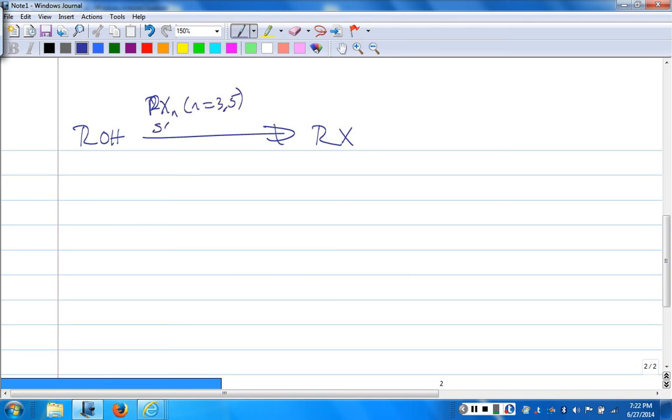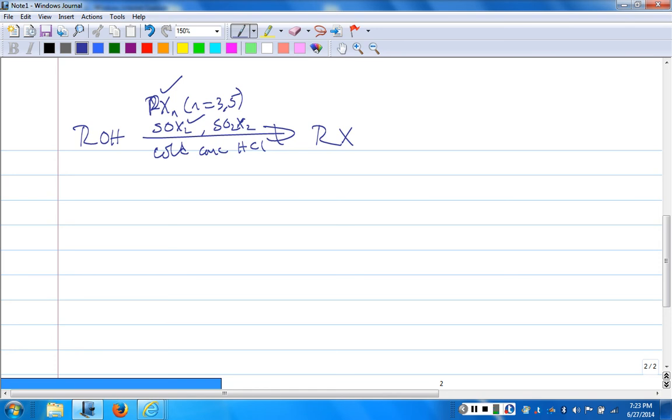And then there's SOX2, and then there's SO2X2. And we had drawn mechanisms for how this reaction goes and how that reaction goes. And then another one is use of cold concentrated HX. And we spent quite a few minutes talking about the logic behind the use of cold conditions and concentrated conditions. And the idea was you were trying to minimize the amount of competitive E reaction, and that made perfect sense.